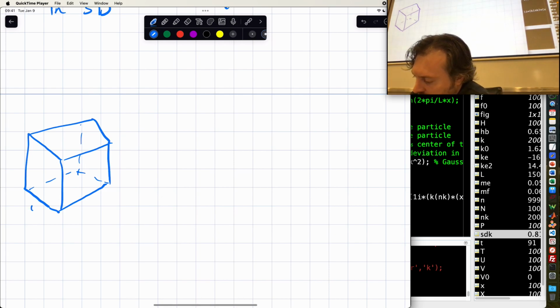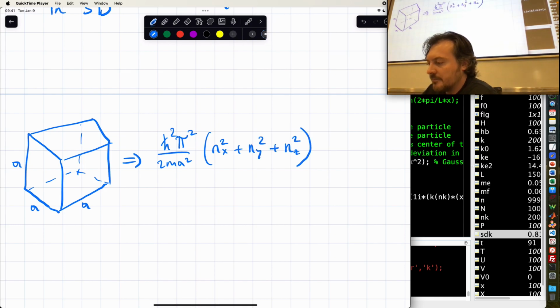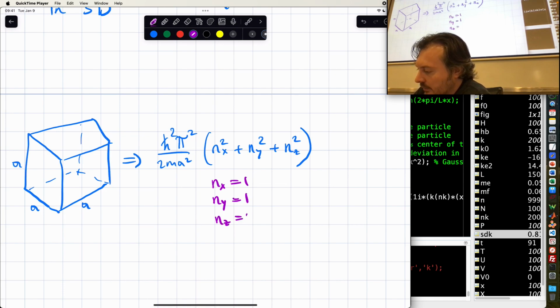Each side is a, so what you have is h bar squared pi squared over 2ma squared times nx squared plus ny squared plus nz squared, right? So the ground state energy will be when nx equals 1, ny equals 1, and nz equals 1.